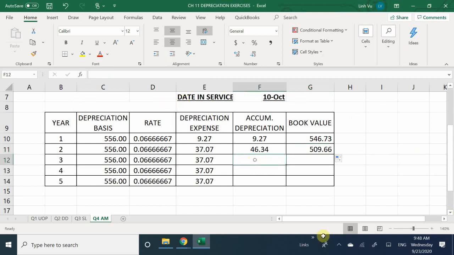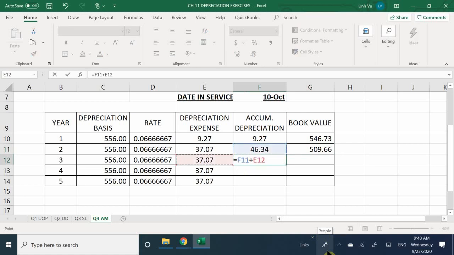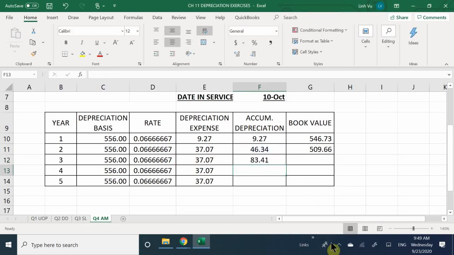What is the accumulated depreciation for the third year? 83.41. And my book value for year 3? 472.59. My accumulated depreciation for the fourth year is going to be 120. Good.